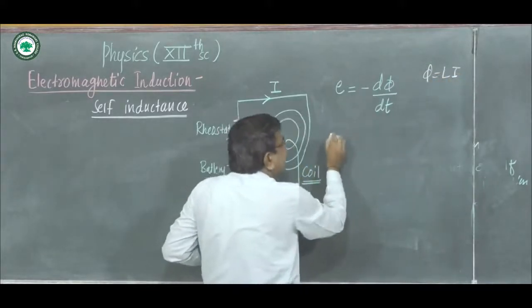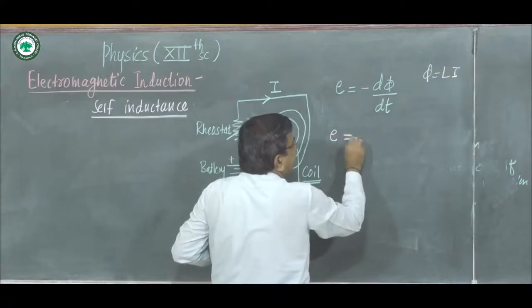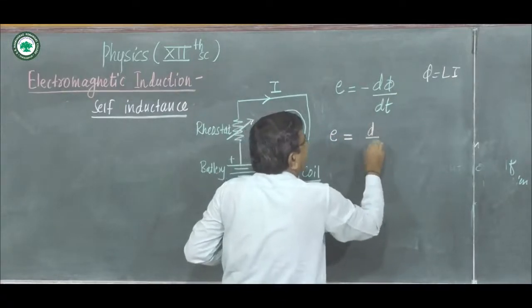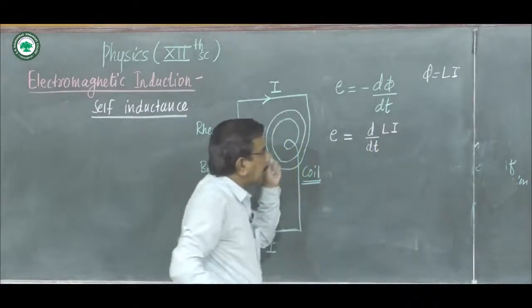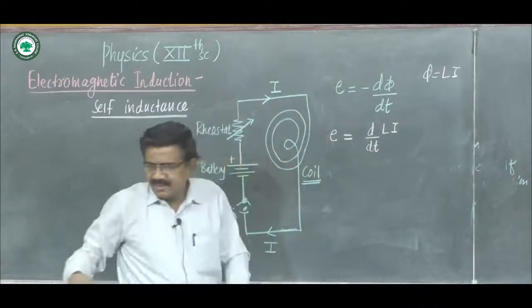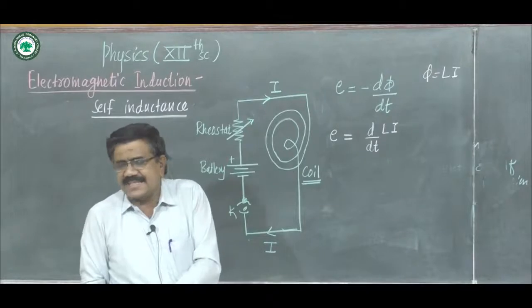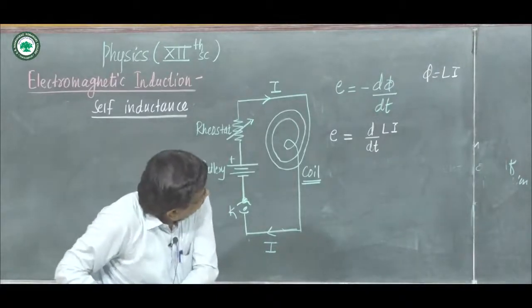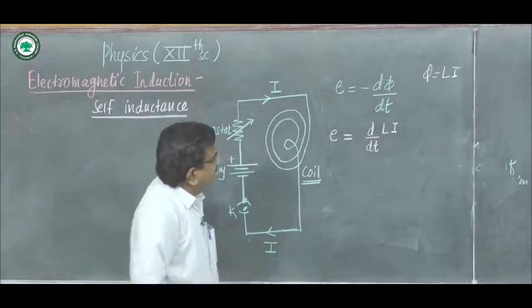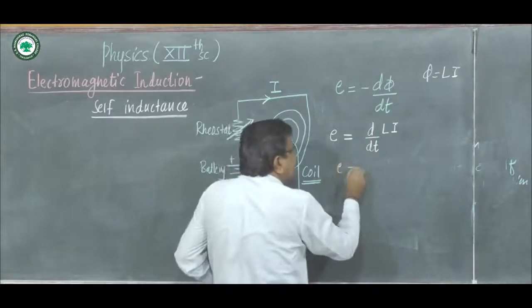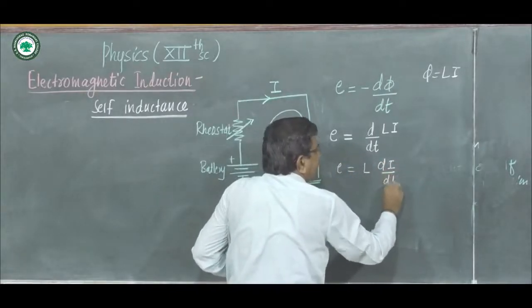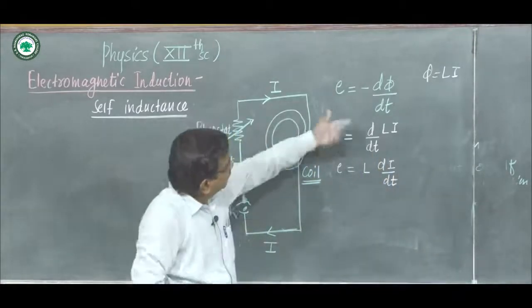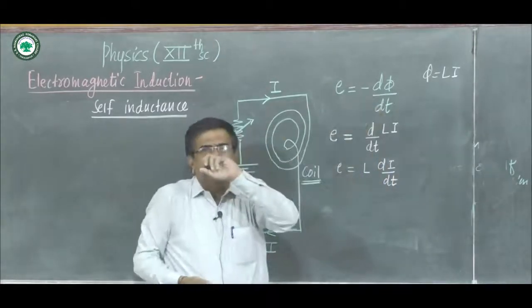By considering the magnitude, this EMF E is equal to d upon dt of Li, and hence E is equal to L di upon dt. By Lenz's law, this is the formula.